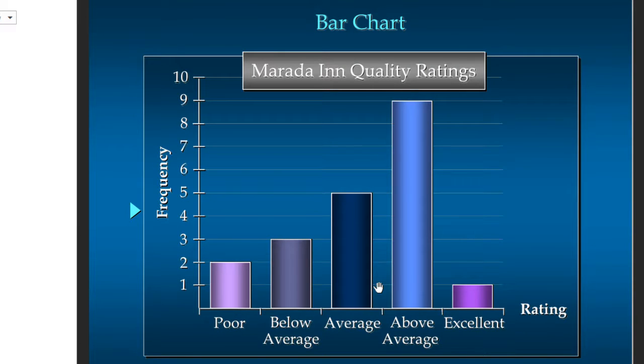Now there's also what's called a bar chart. If you take a look at this chart, it's not that difficult to see how they got this bar chart. Remember that two of them said poor, so it goes up to 2. Remember that one of them said excellent, goes up to 1. And 9 of them said above average, so it goes up to 9.